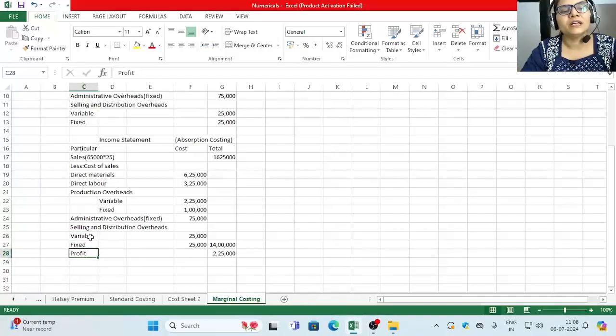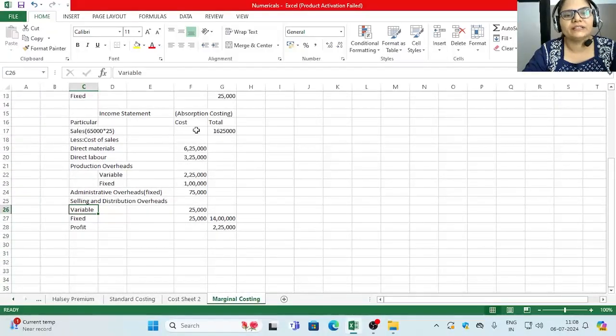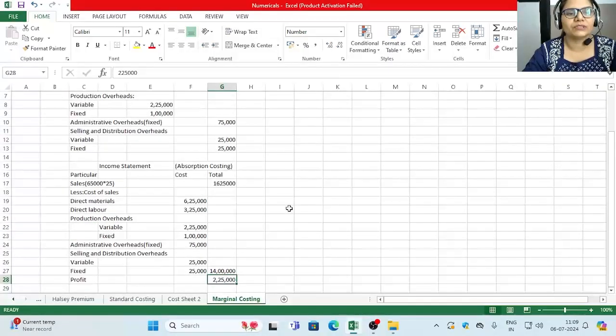The basic meaning behind there being no difference is that when we are calculating cost of sales, we are including each and every item, whether it is fixed or variable, for calculating the total cost of sales. This is the main protocol followed in absorption costing. So sales 16 lakh 25,000 minus 14 lakh will give you a profit of 2 lakh 25,000.